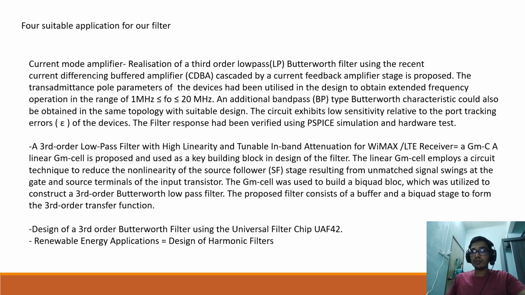It uses the GM cell employing a circuit technique to reduce the nonlinearity of the source follower stage resulting from unmatched signal swing at the gate and source terminal of the input transistor, which GM cell is used to build a bigger block which was utilized to construct a third order butterworth low pass filter.